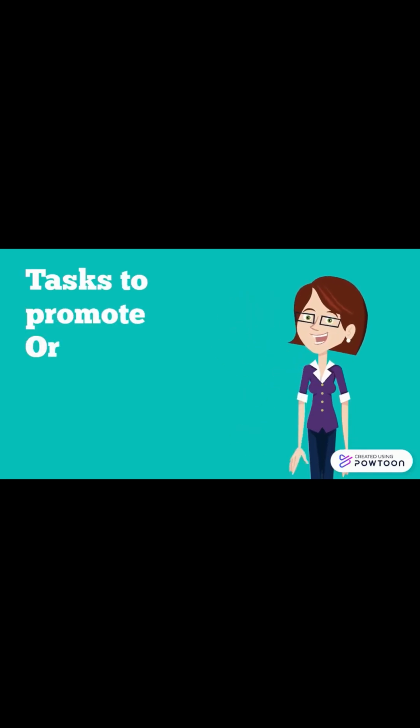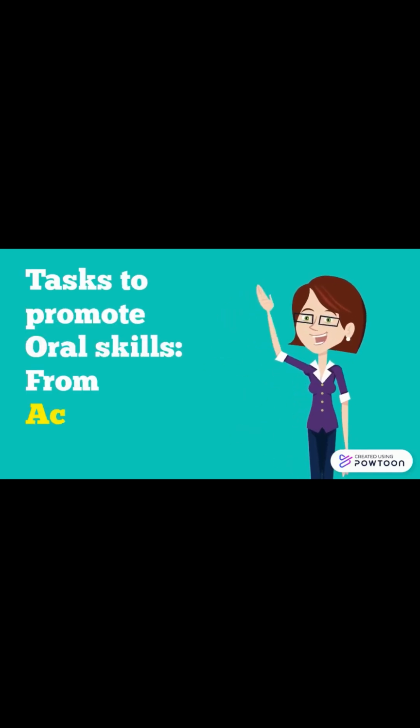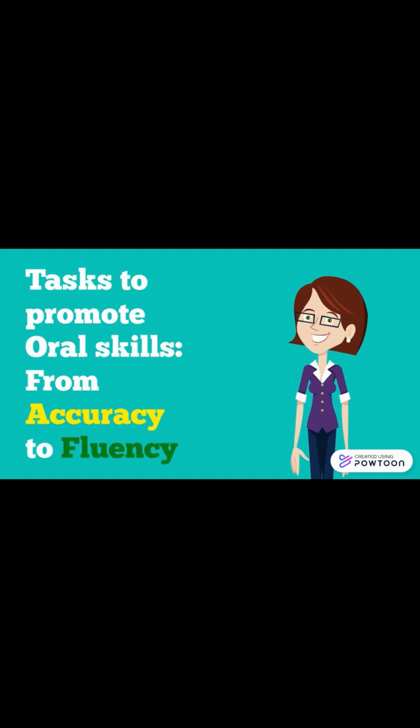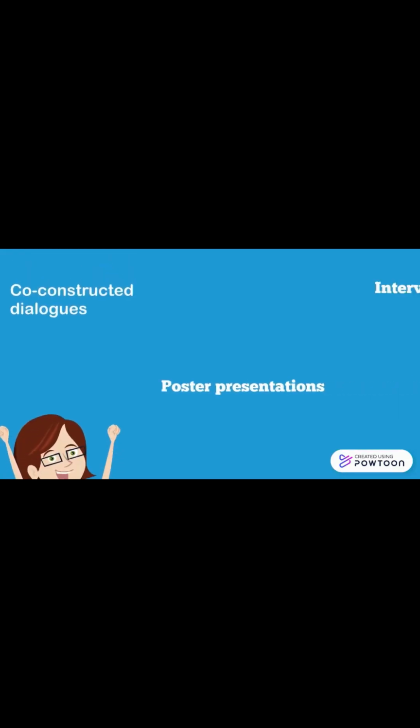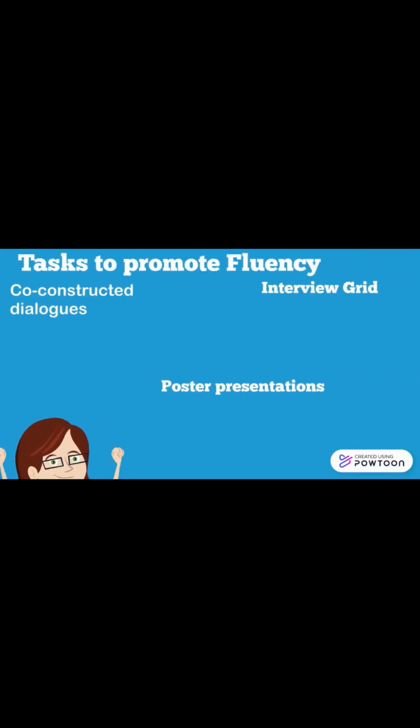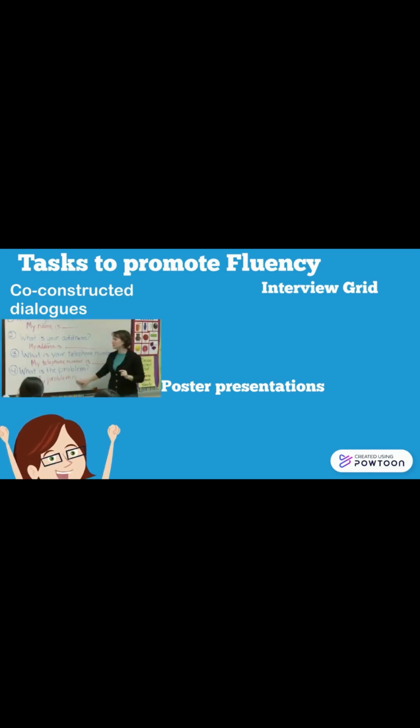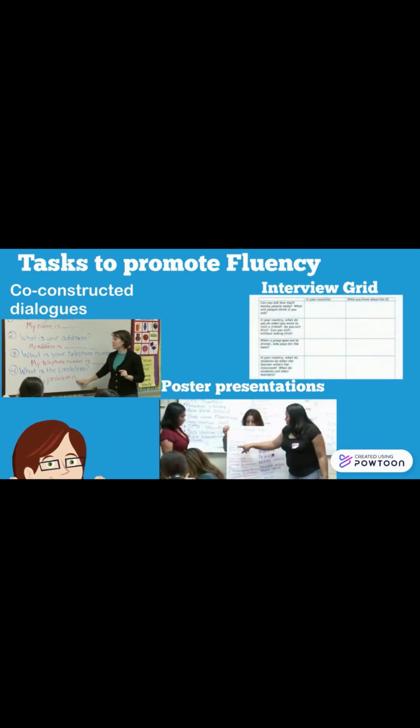Now we will look at some tasks that help us promote oral skills from accuracy to fluency. It's important to say that we need to work on accuracy first and then on fluency. Activities to promote accuracy can be co-constructed dialogues, interview grids, poster presentations, TPR with a partner, matching activities, and line-up activities.